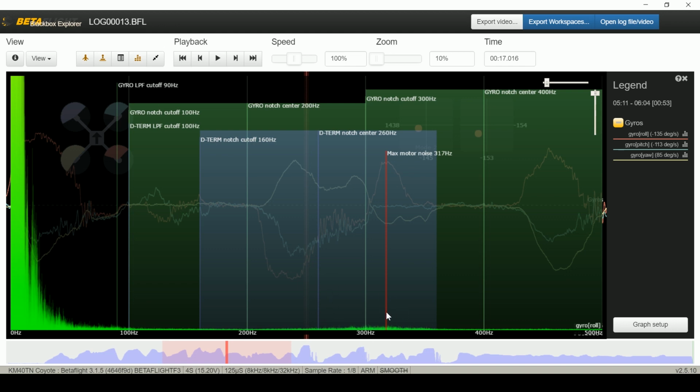I have a video on how to tune your notch filter that shows you how to look at the pre-filtered data and adjust your filters to tweak them if you feel like that's something you want to do. But I don't think that's necessary or desirable for the majority of pilots.